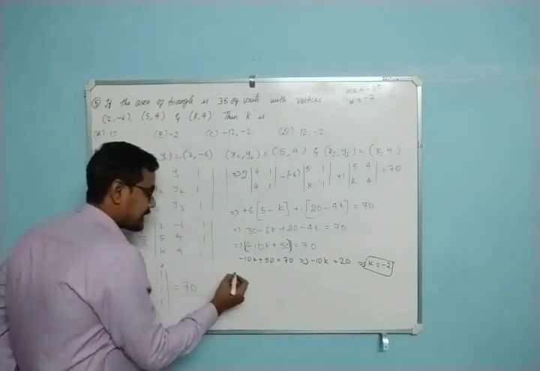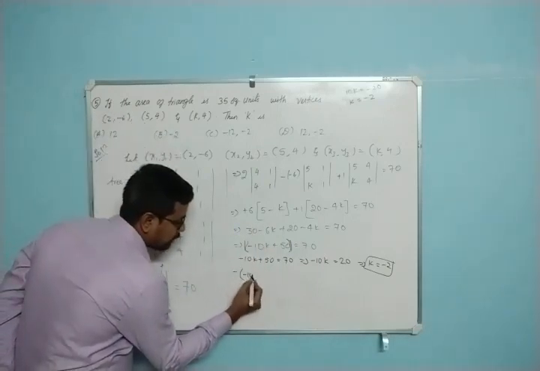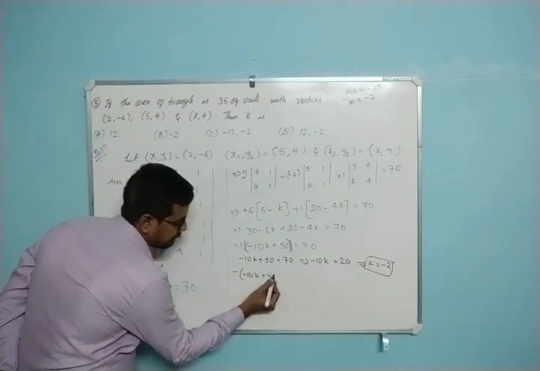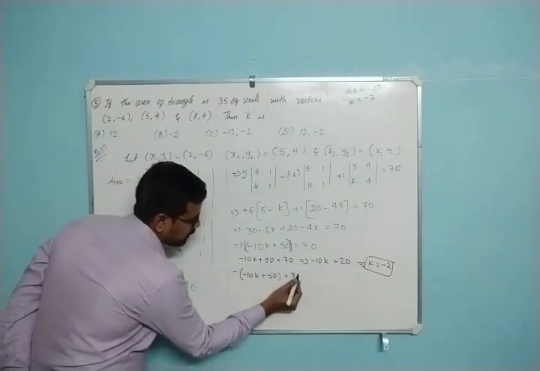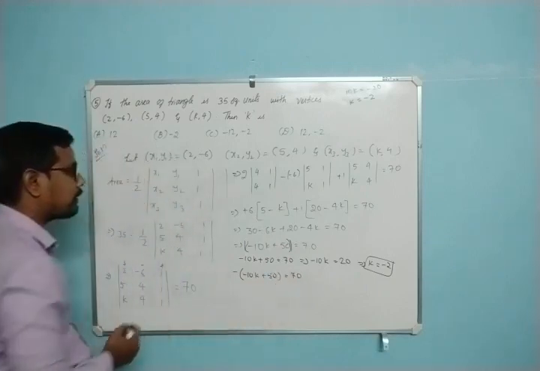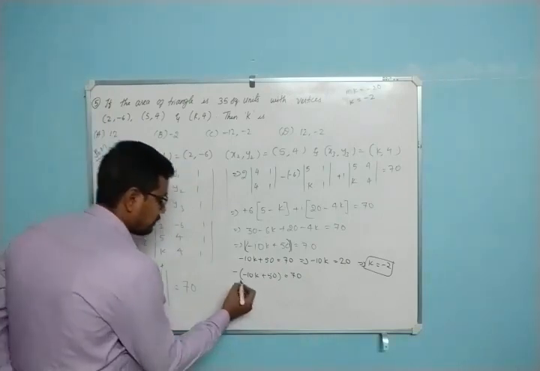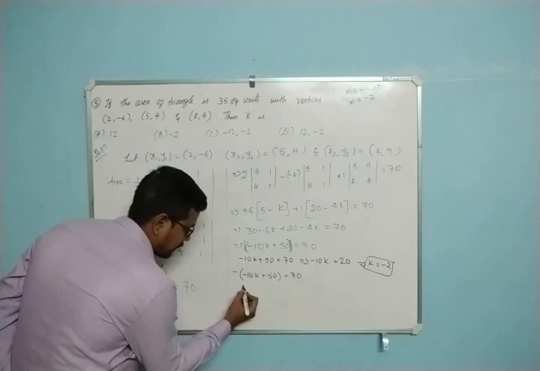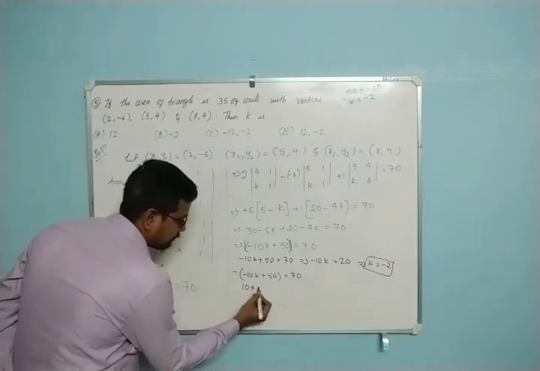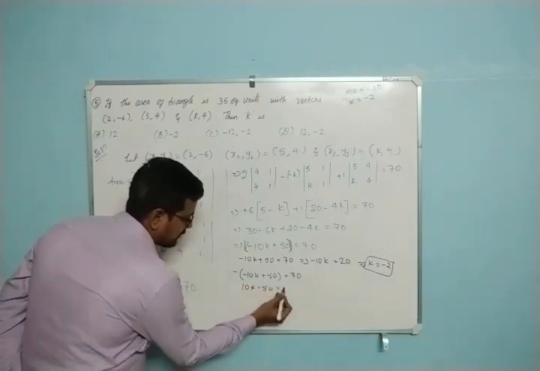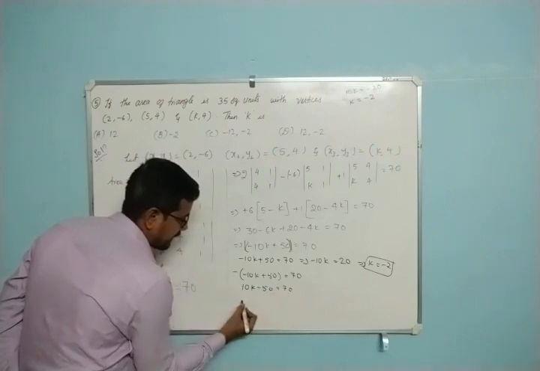When I consider this as negative, minus of minus 10k plus 50 is equal to 70. Then what will be my value? 10k minus 50 is equal to 70.